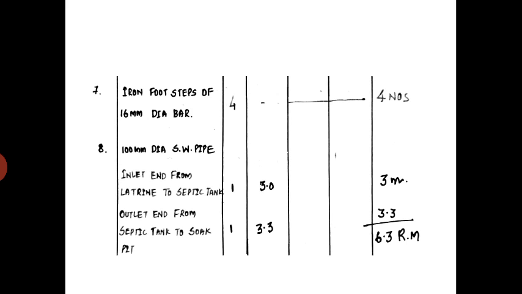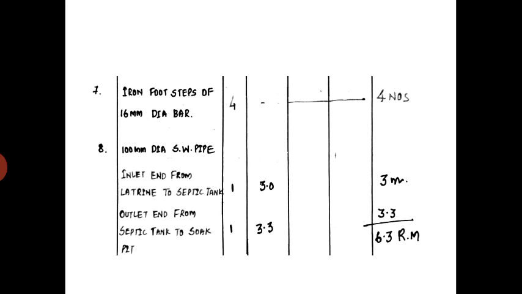So then the inlet end from latrine to septic tank, that's only 1 number, which is of length 3 meters. In the problem itself he has mentioned it. Then 3 meters, it's of only 1 number.